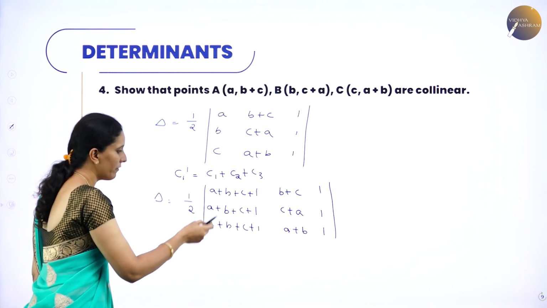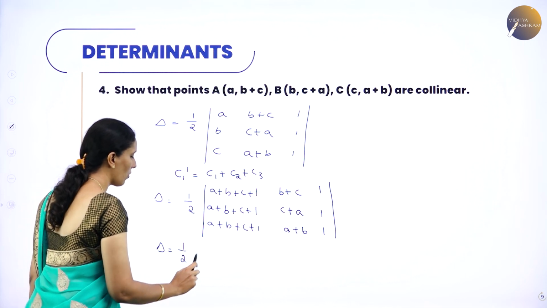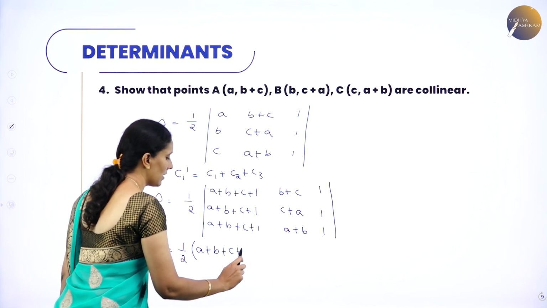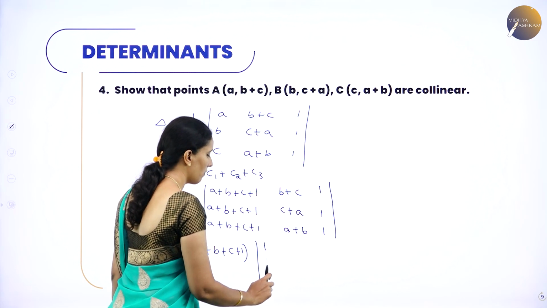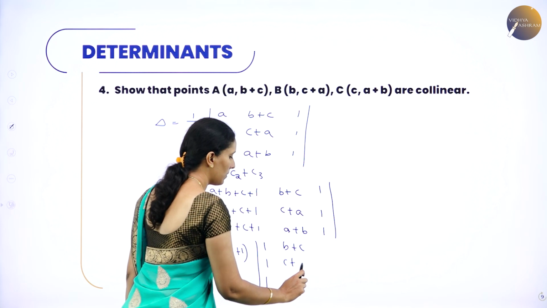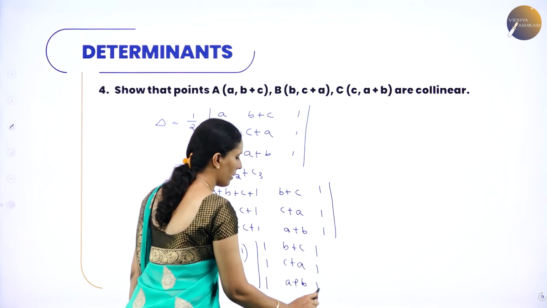Now, we have a common factor in the first column, so I can take it outside. That becomes a+b+c+1. If you take the common factor outside, you are left with 1, 1, 1 in the first column, and b+c, c+a, a+b, 1, 1, 1 in the remaining columns.